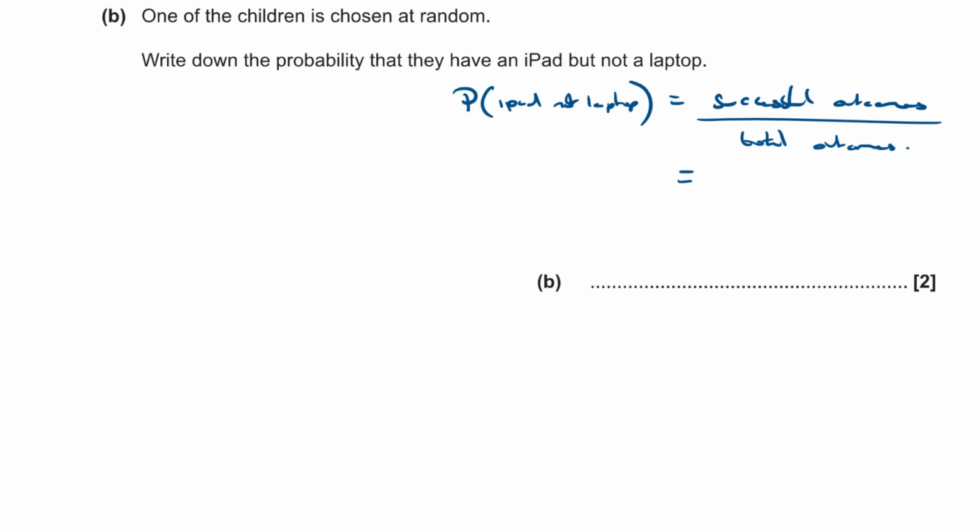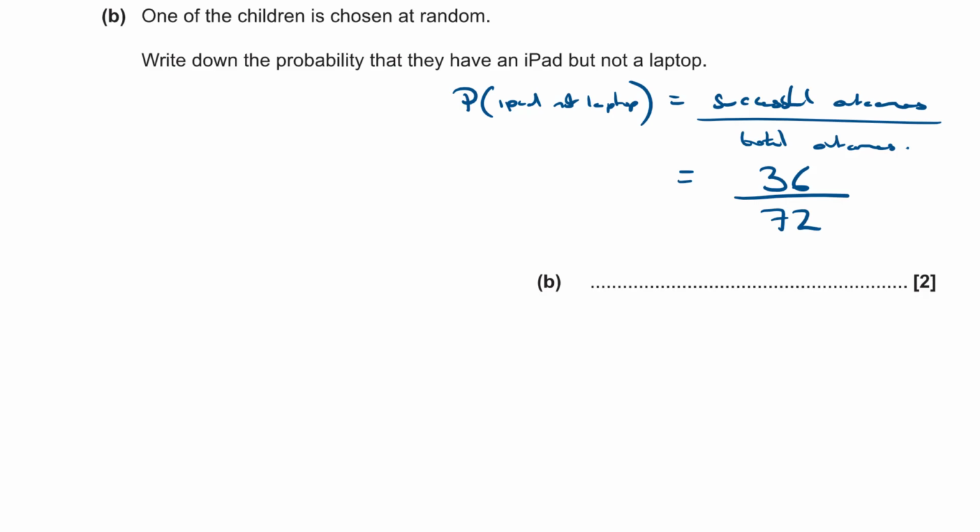Now there are 72 students altogether, so that's the number on the bottom. If you look back at our Venn diagram, you'll remember that we had 36 students who had iPad only, because we had to take off the 12 off the 48 to find out how many had iPad only. So that is the number I'm going to write at the top of my fraction here, which is 36 out of 72.